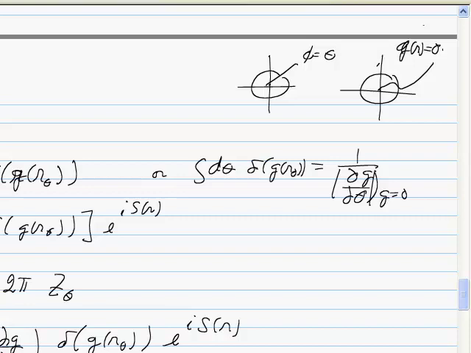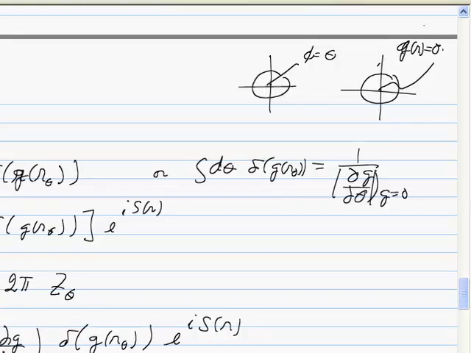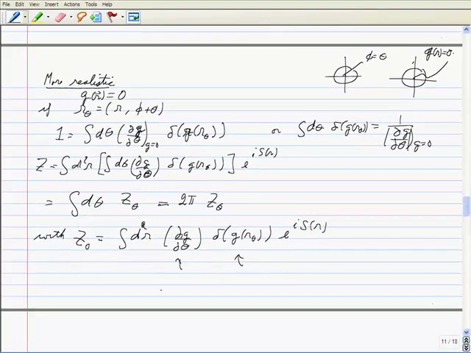If you just naively went in and said, I'm going to fix the constraint on the path integral, that's not quite right. There's this factor here, which makes it a true equality. So I not only have to put in the constraint, I have to put in this Jacobian factor here.